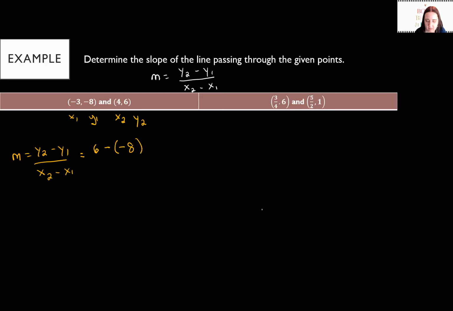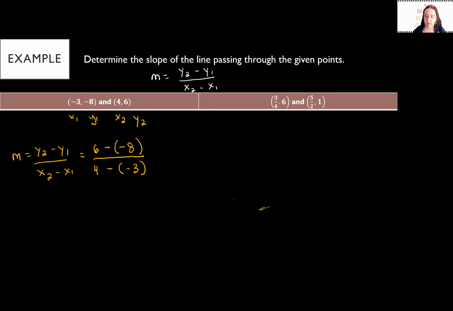So when you have a negative there, you're going to want to put it in parentheses because we're subtracting a negative, which is actually adding. So you don't make any sign errors, you want to make sure that you're showing that you're subtracting a negative. Then we've got x2, which is 4, minus x1, which is also negative. So we have a -3 here.